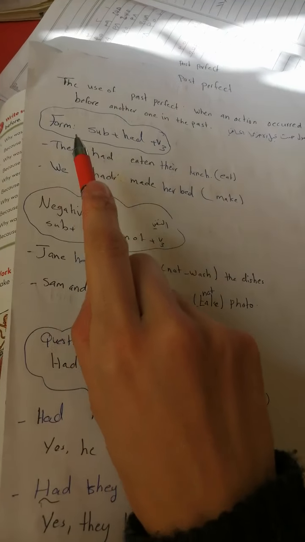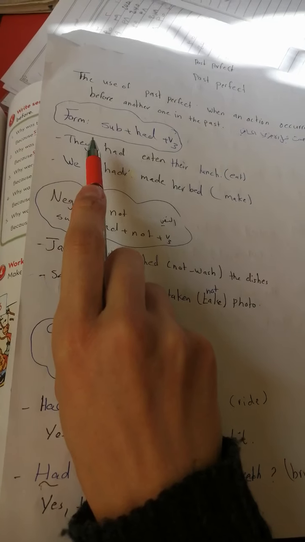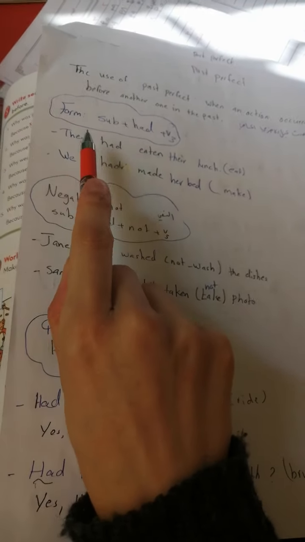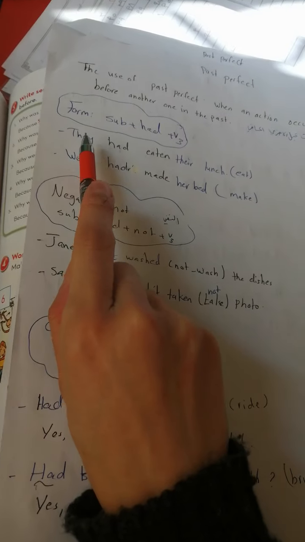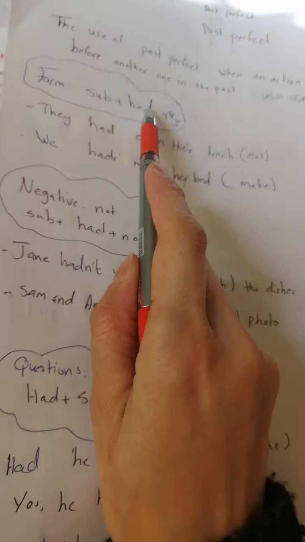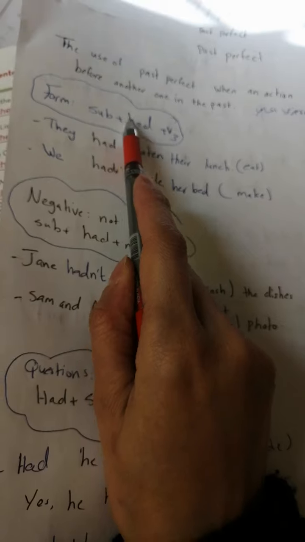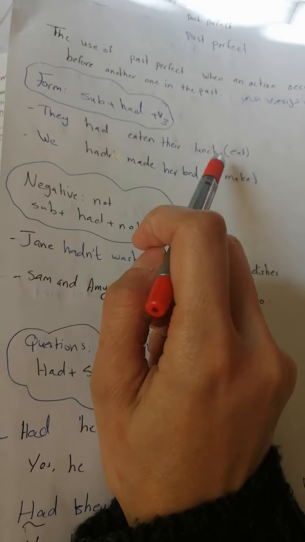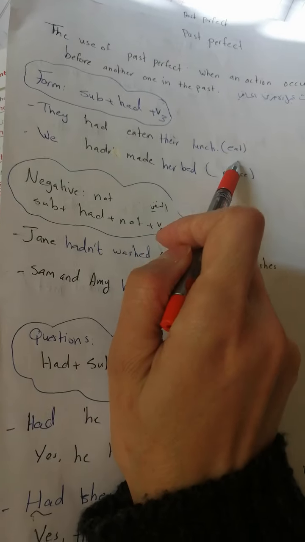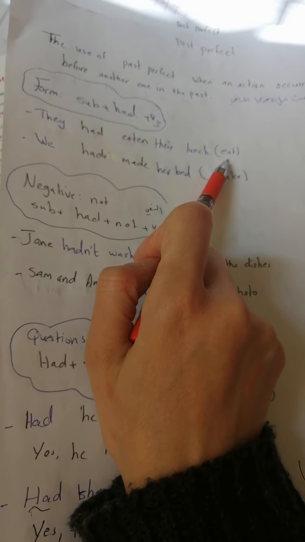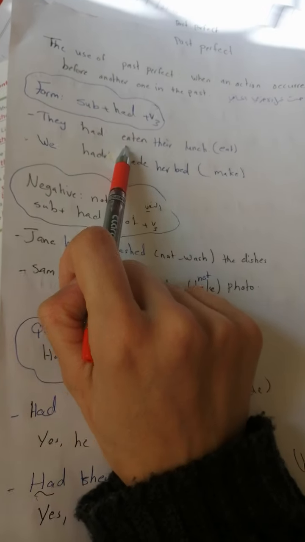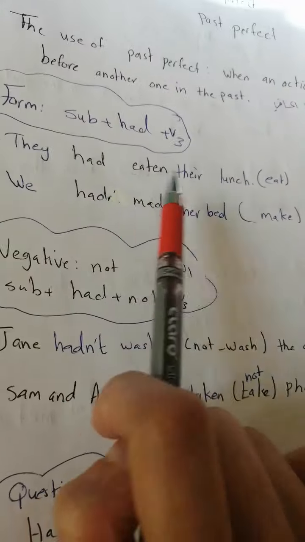It doesn't matter if the subject is singular or plural, يعني ما بتفرق معي إذا كان الفاعل مفرد أو جمع, because I want to use had plus the verb 3, اللي هو الفعل من التصريف الثالث. Here we have the verb eat, meaning to eat. I should write had plus verb 3 of eat: eaten. They had eaten their lunch.